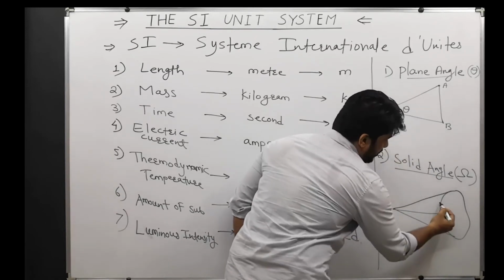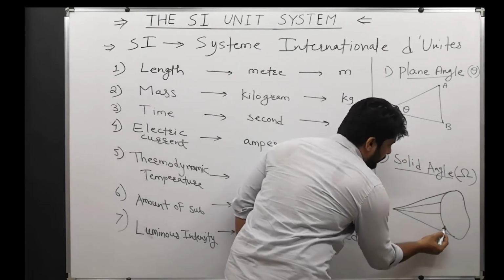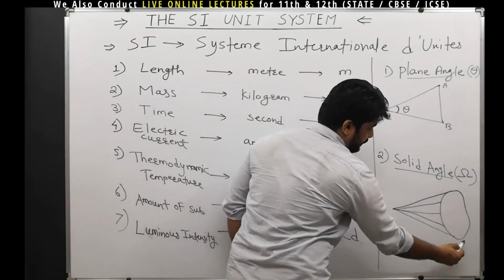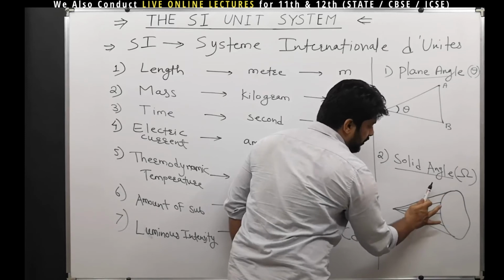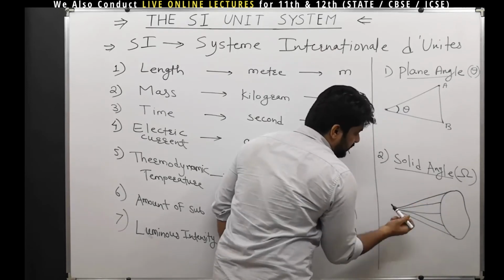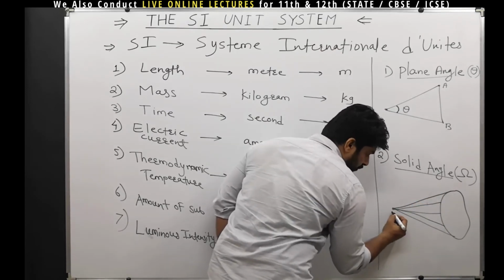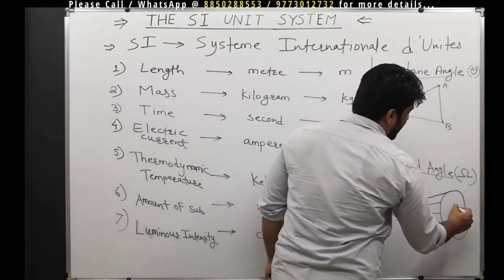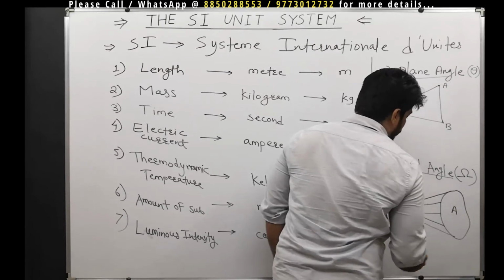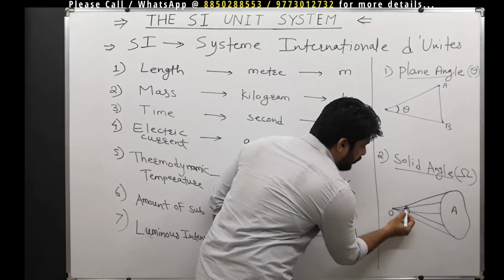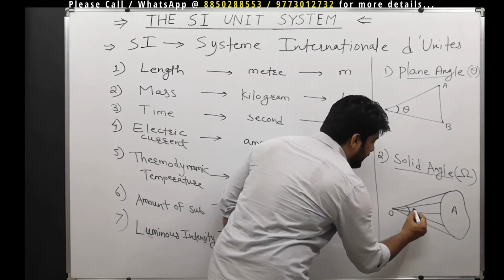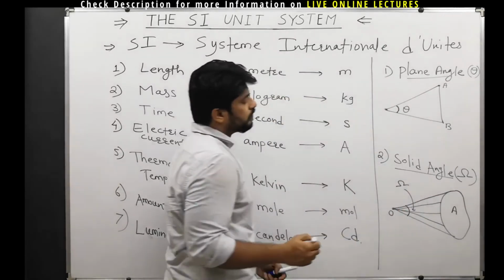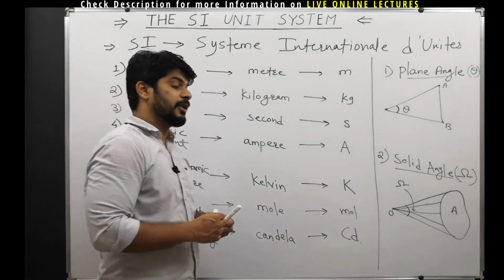See what I have done: from the edges of this area I have drawn some lines to this point, O, let's say. This area is some area A. So the angle that is subtended over here in between is called the solid angle, omega.